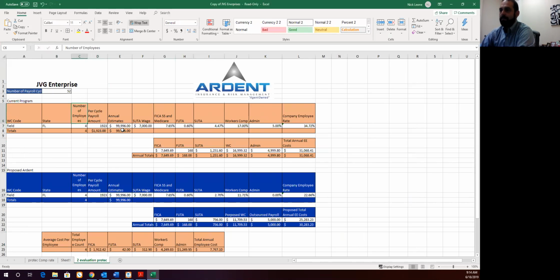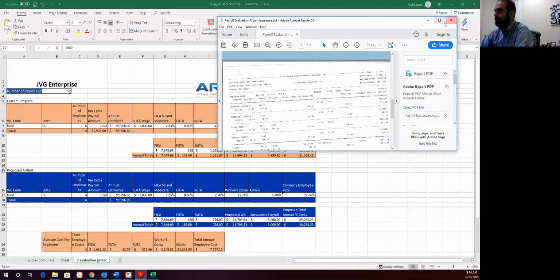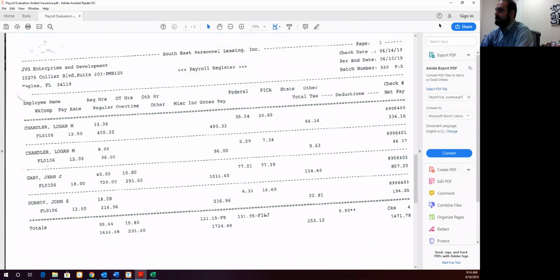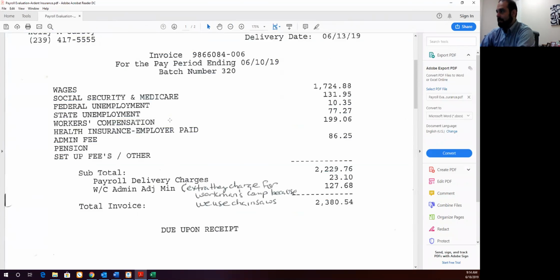Up at the top is where we put the PEO's numbers. So we set the SUTA and FUTA wages, except we can see that Southeast isn't turning their SUTA and FUTA on because here it is June. Most people would have hit $7,000 already, especially Mr. Gabby Jean, who confirmed with the business owner that he has been working all year and has made over $7,000, and we can see that they haven't shut them off.